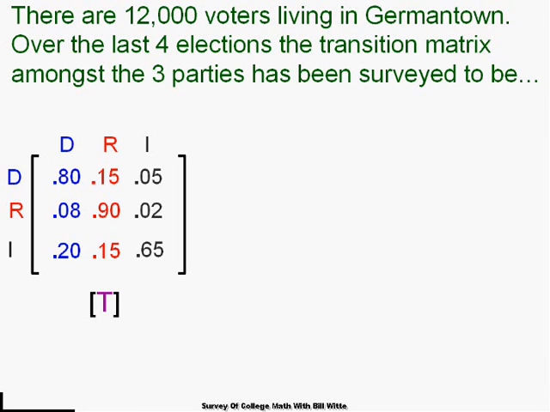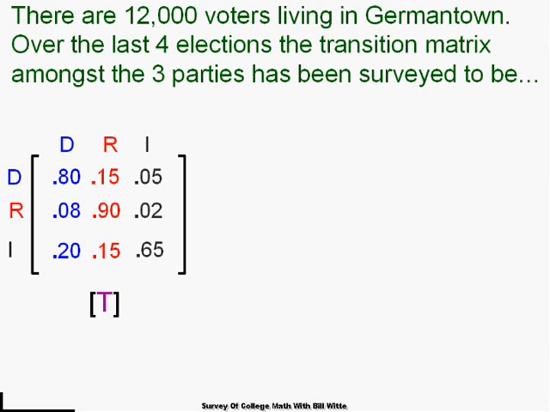Okay? So that's the transition matrix. For instance, the number of people that move from Democrat to Republican is 15%, whereas the number of people that move from Republican to Independent is only 2%. You get the idea, hopefully.